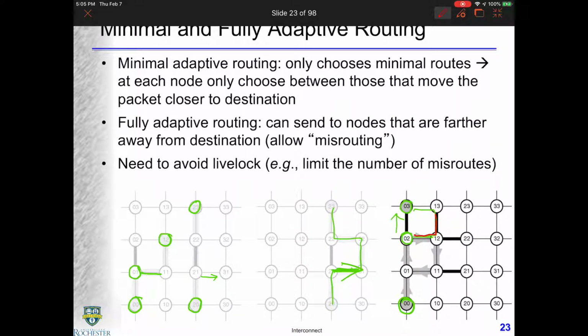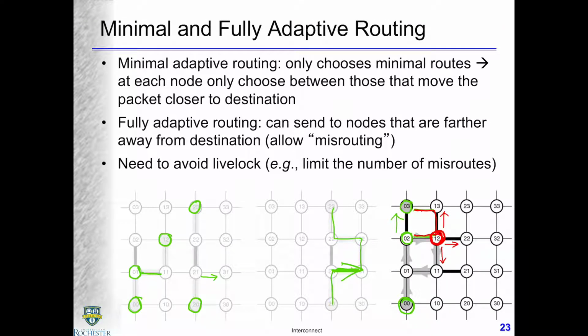But once I get to 1,2, look what happened. Both upgoing and forward going directions are very congested. So I may decide, well, let's then go in this direction. It's a misroute. When you look at it, it's going away from the destination, but fully adaptive routing allows you to do that. But if you're not careful, you may end up just keeping on doing this loop simply because, oh, this is not congested, but it's not helping your cause, right?